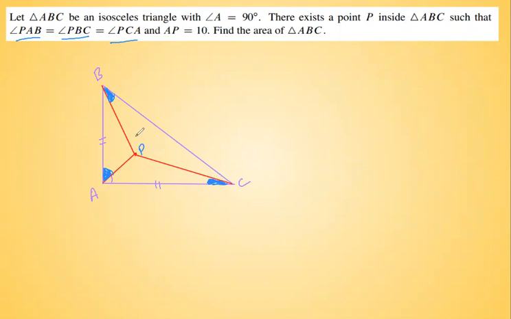We do know angle B is 45 and angle C is 45, which is why I'm going to start by labeling these legs X and X. Using the 45, 45, 90 triangle, the hypotenuse will be X root 2, or you can just use the Pythagorean theorem if you don't like the special right triangle. This angle is 45, and this angle is 45.